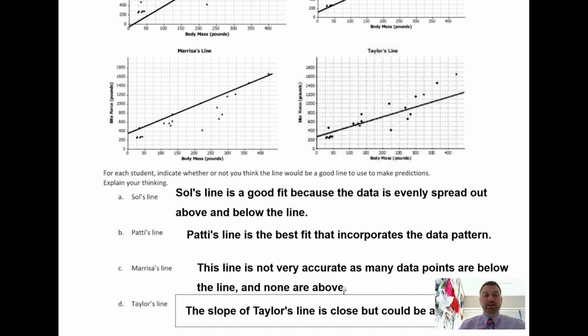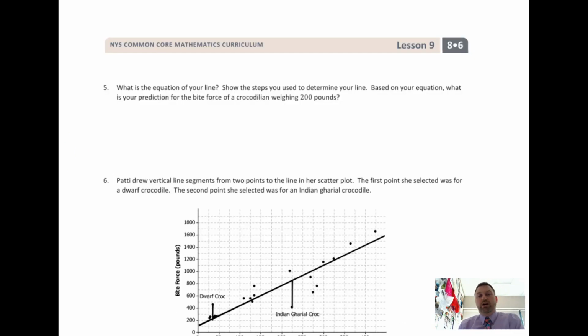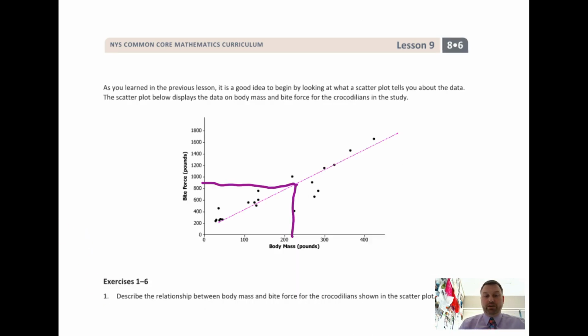Okay, next. It talks about what is the equation of the line that we drew. So let's go back to here. Let me clear this ink out. To get an equation for a line of best fit, this next part should sound kind of familiar. Taking two ordered pairs and getting the line of best fit. We figure out the slope, figure out the y-intercept, and you've got your equation. So if I were to pick two points, let's say this point here and this point here.